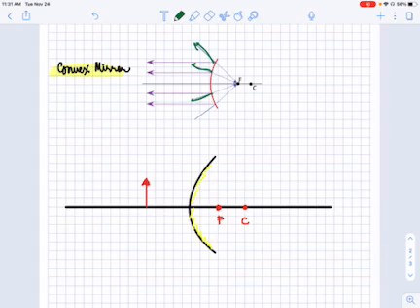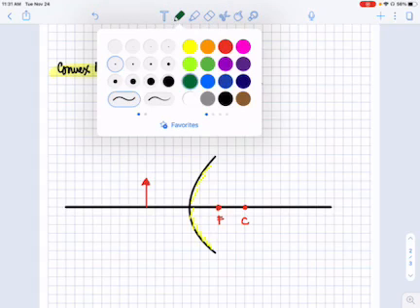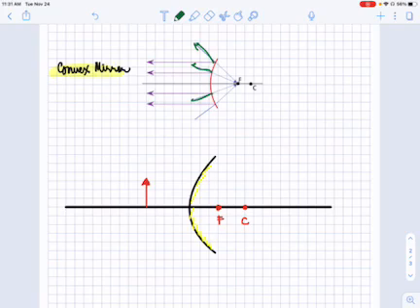So specifically, we can follow these steps. So let's start. We are going to draw ray 1 from the tip of the object. Make sure that it is parallel to the principal axis and goes to the mirror. Just like the same, right?